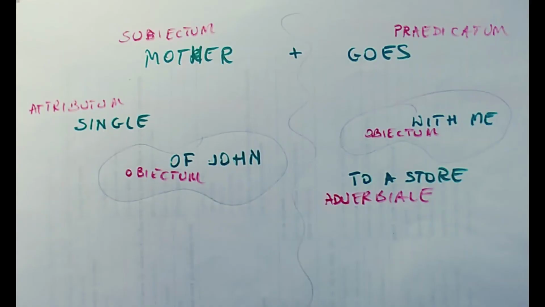Those are questions, right? Or with what? Here you've got instrumentalis, with what or with who. And here object is with me. A single mother goes with me to a store. With me is an object, and the question of instrumentalis is with who, or with whom, with me.